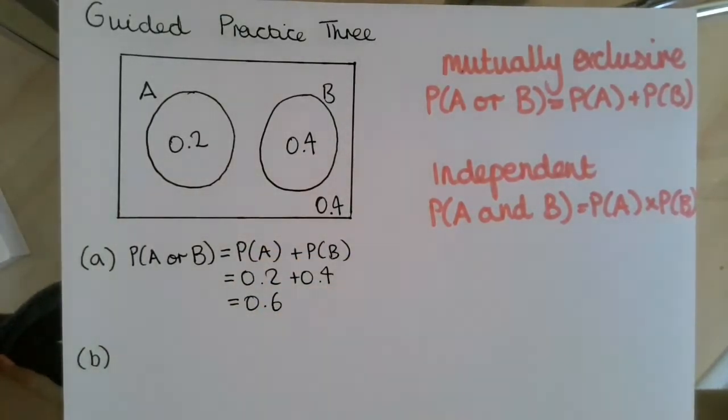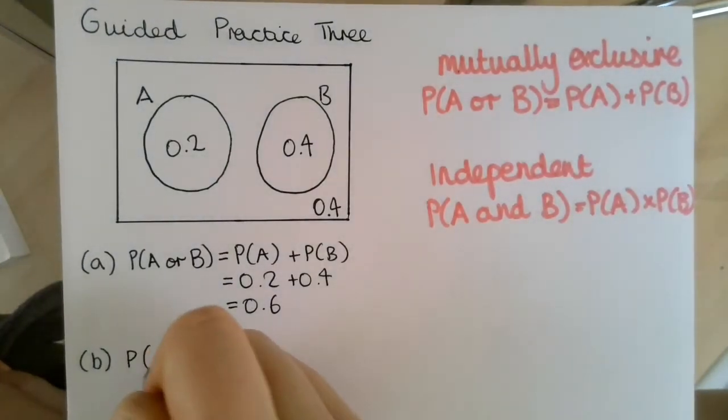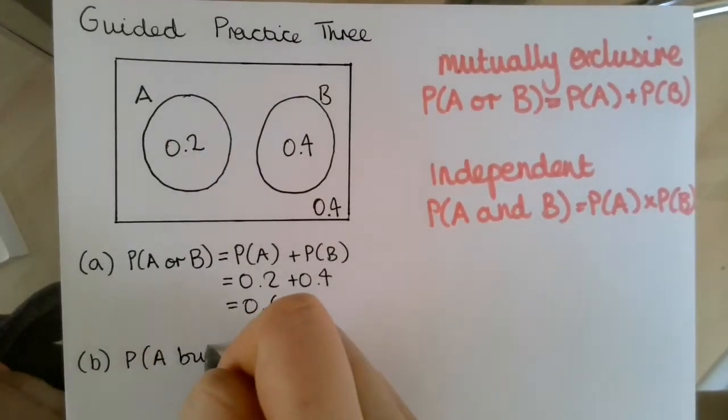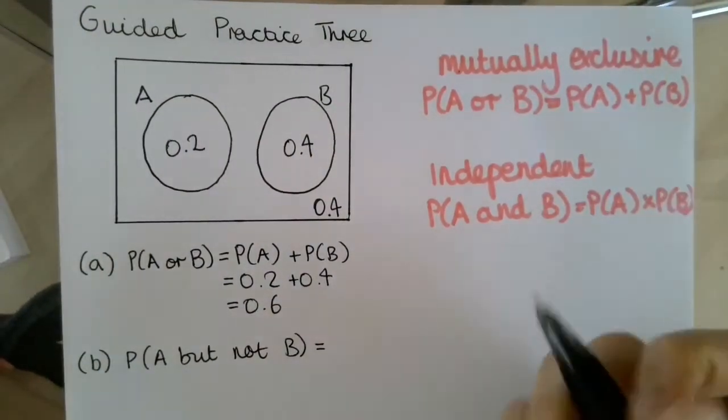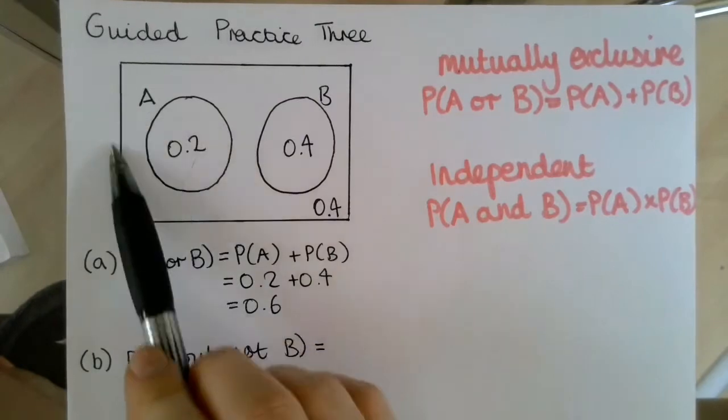Part B is the probability of A but not B, and that is equal to the probability of A and not B, which is 0.2.